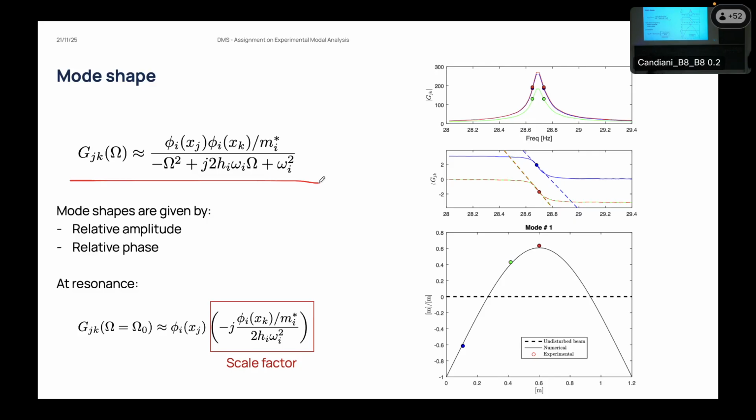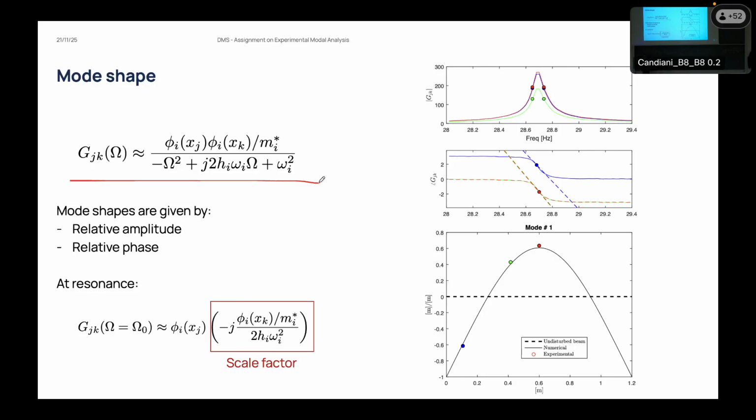If you consider G4k, that is location number 4, minus phi_i(x4), then you will have the same coefficient, that is the same for all, and then you have the imaginary unit. So the different frequency response functions computed over the resonance condition will give you different numbers, because what is changing is actually that coefficient here.